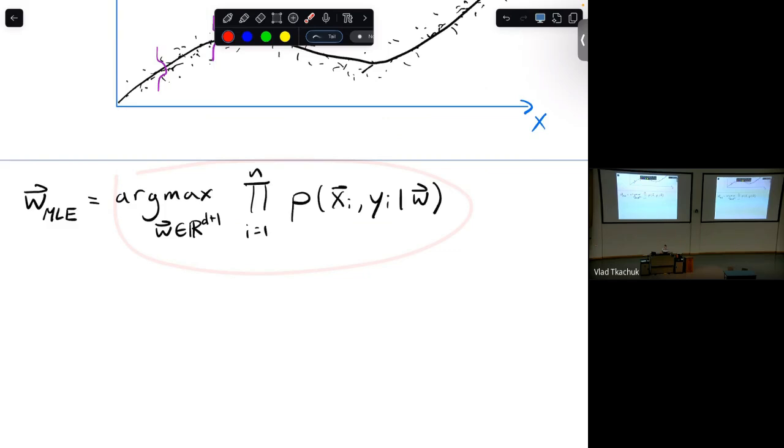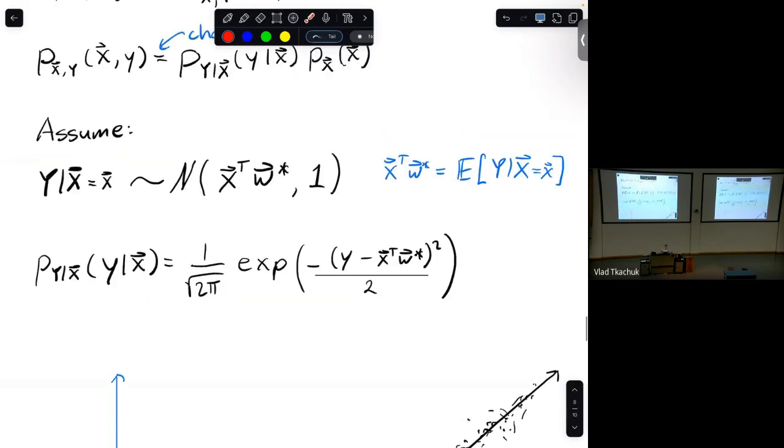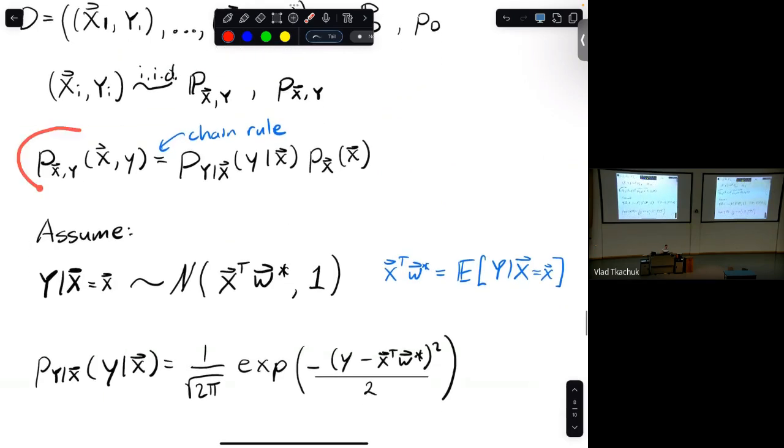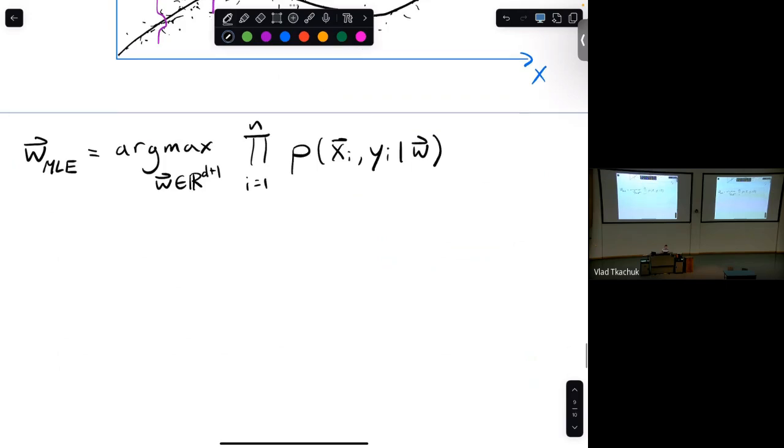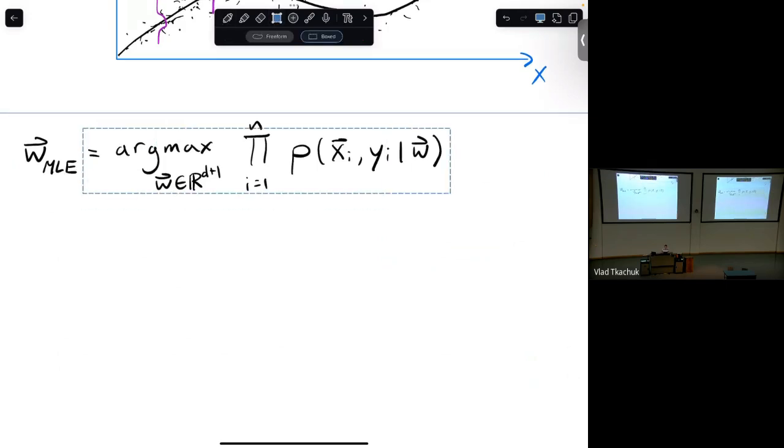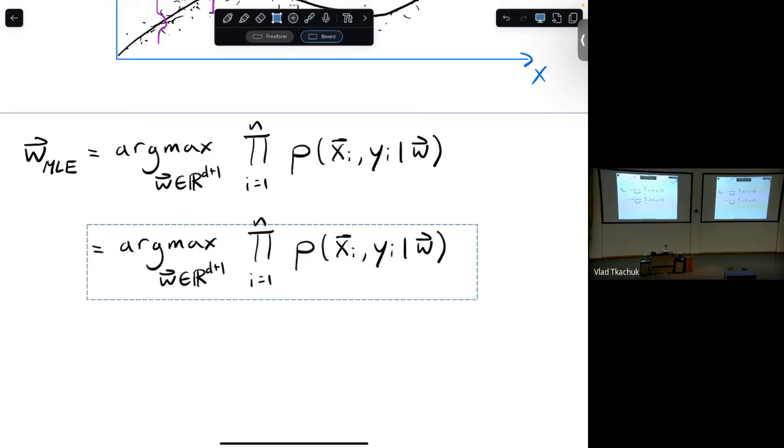So let's just do the same procedure as before, and then we'll see where we apply the chain rule. We can apply it right away, but we'll do it a little later. The first step is to take the log and simplify the product with the log.